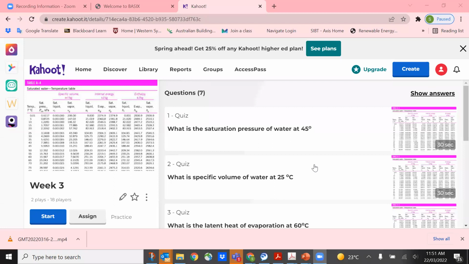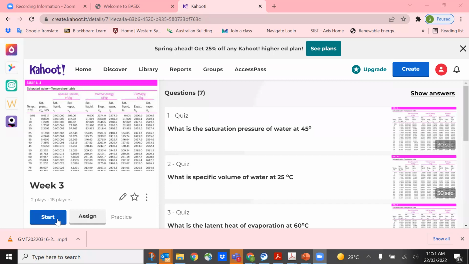Okay, you can open the Kahoot, please. So we'll share the screen with you now. It's about the steam table. So if you have the table in front of you, you can put the tables on one side of the screen and the Kahoot on the other.